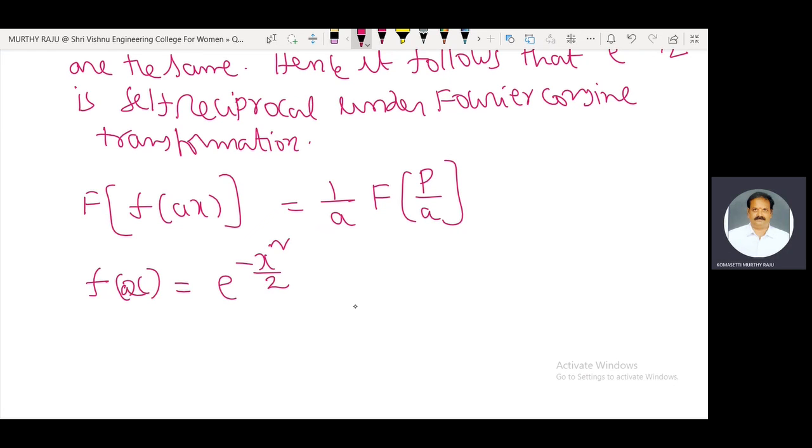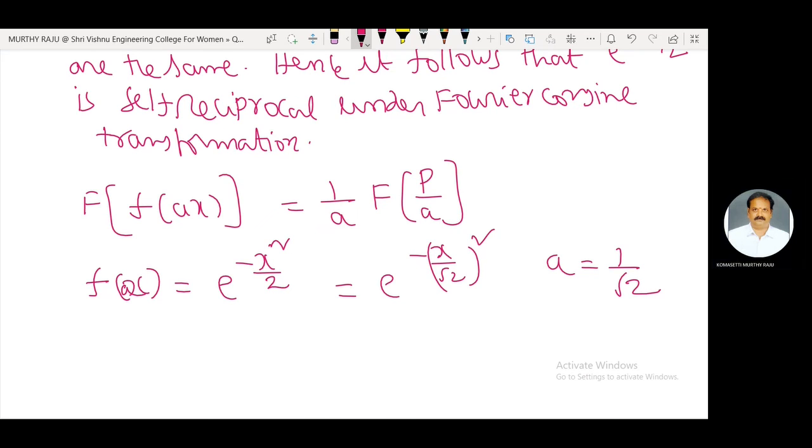Here f of ax is e power minus x by root 2 whole square. That is the reason a is equal to 1 by root 2. With this, the problem is completed. The scaling property plays an important role.